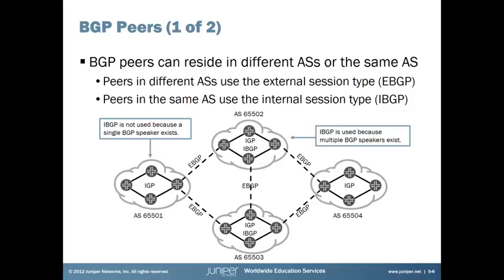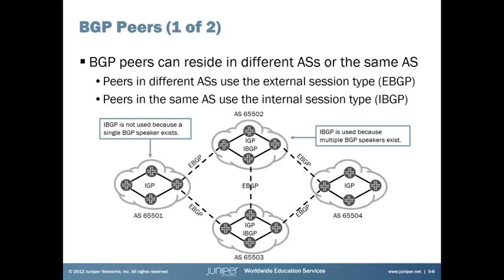Okay, so they are passing eBGP routes. That is an eBGP peering arrangement. However, because it has three BGP speaking routers inside that autonomous system, those three routers also peer with each other.